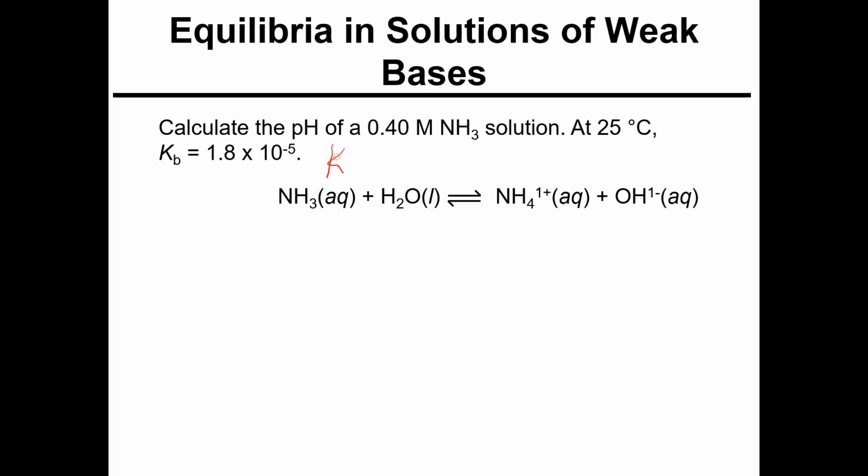So we'll go ahead and rewrite the expression for Kb: the concentration of our ammonium ion times the concentration of our hydroxide ion over the concentration of ammonia.